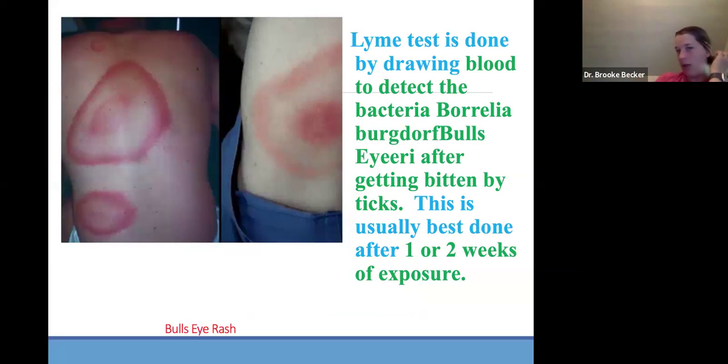So you're looking for Lyme, Borrelia burgdorferi. This is a contaminant that happens when you're bit by a tick. Your Lyme test will not be positive until about a week or 2 weeks after exposure, and that's usually when this rash appears.